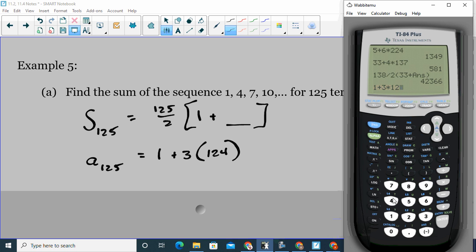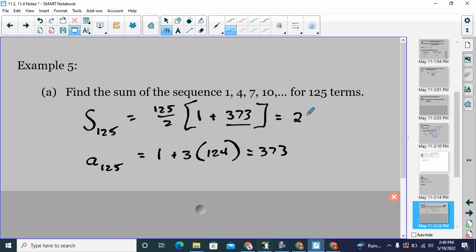So the 125th term is 373. So the sum of the first 125 terms is 23,375.